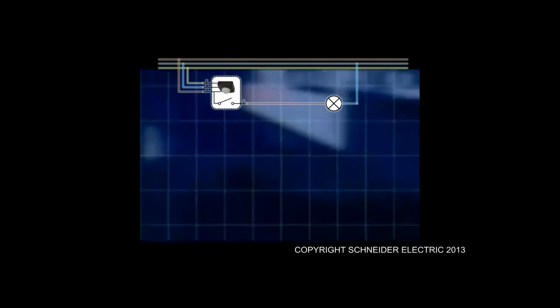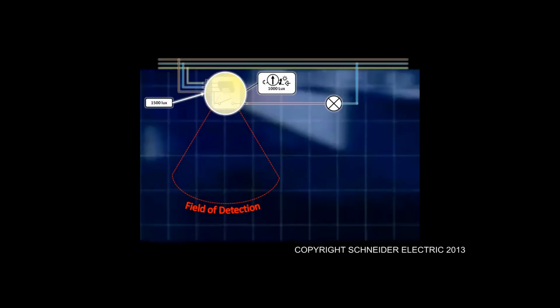Now let's take the same scenario, but increase the ambient light level. In this scenario, the lux level is set to 1000. The ambient light is at 1500 lux. The sensor within its field of detection detects movement.